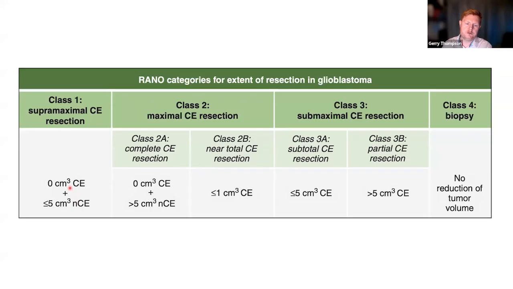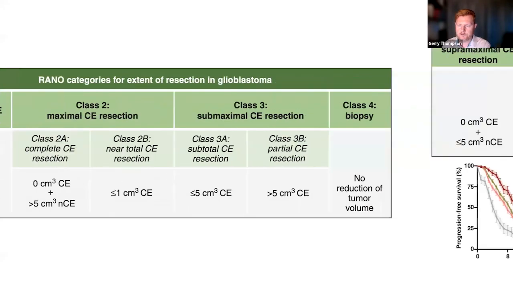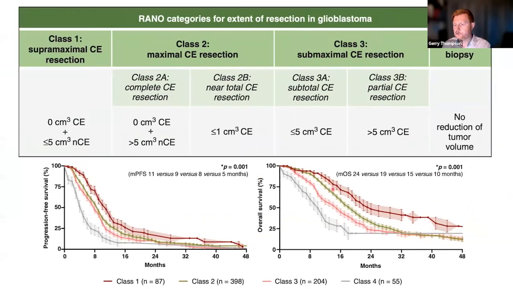So if you've got between 0 and 5 centimetres cubed, for example, you've got less than or equal to 1, less than or equal to 5, greater than 5, and then you've got the biopsy class, which is where tissue has been sampled but the intent wasn't to reduce the tumour volume. The reason that's important, as you can see from these survival curves, is that the amount of residual disease has a significant impact on your outcome.